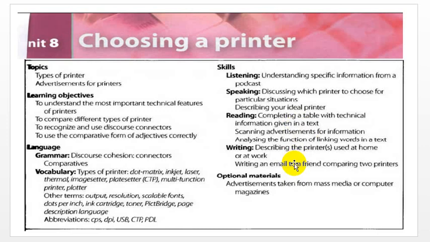In the writing section: describing the printers used at home or at work, and writing an email to a friend comparing two printers. And optional material: advertisements taken from mass media or computer magazines.